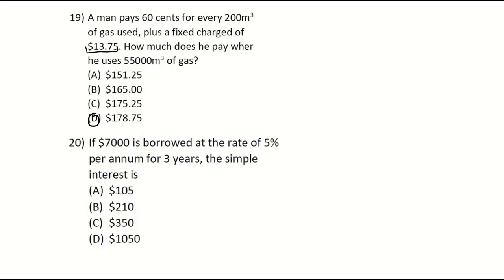Hold on. It was not 150, it was 165. And then 165 plus this amount would give you this. We can check that out if you want. I will put the work in here.